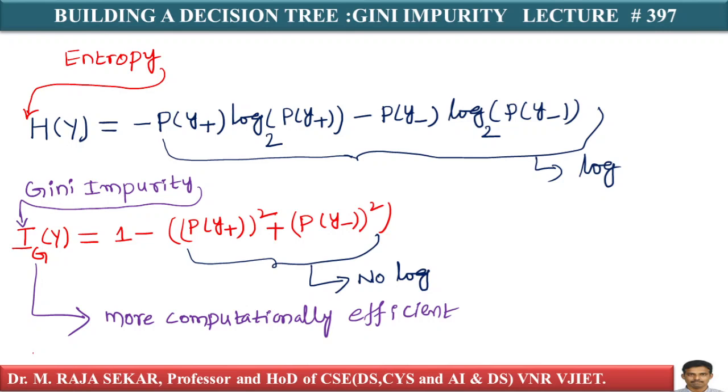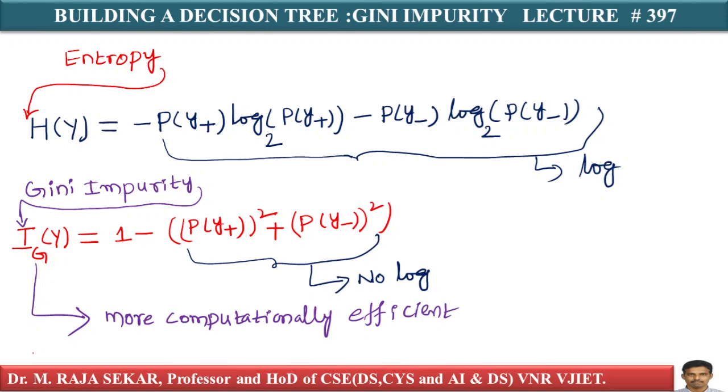In modern decision trees, people don't use entropy as much. Of course, you can choose to use entropy. People typically end up using Gini impurity as an alternative to entropy, and this works very, very well.